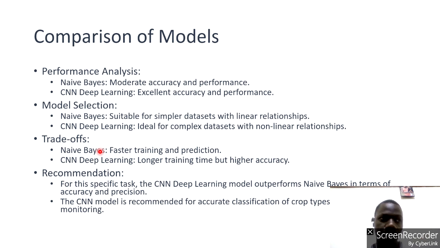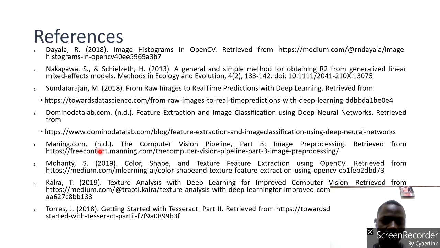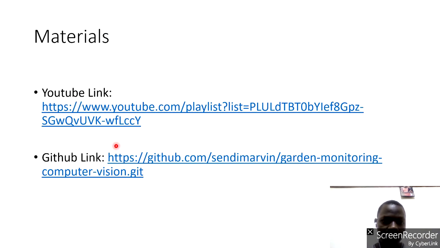There are a total of 133 images, but I could only extract those features. Whenever I tried to exceed those features, my model could fail to run, and that's the nature of naive Bayes in general. These are the references that I used to generate my model, and these are the materials that I used. This is my GitHub link, and this video is uploaded on this link.